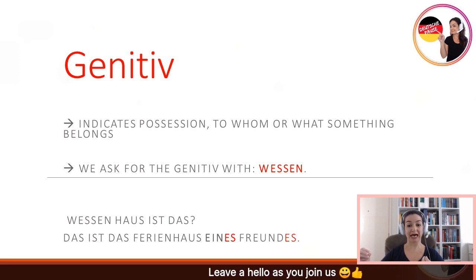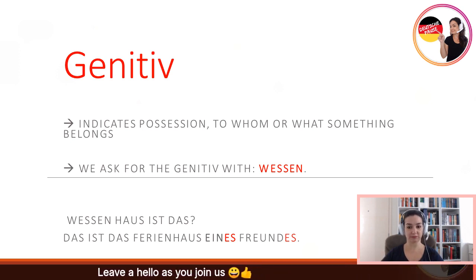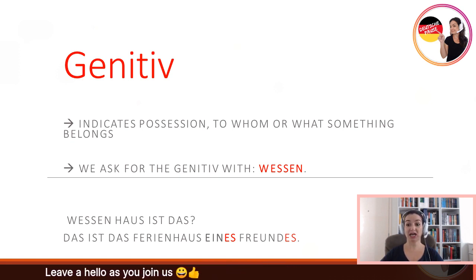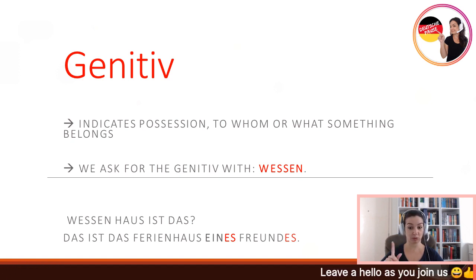For example, ich habe requires accusative: ich habe einen Hund, einen Hund is accusative. Ich helfe, helfen requires dative: ich helfe meiner Mutter, dative. In genitive, we don't have verbs that require the use of genitive. So that's why we use genitive a lot less, number one.